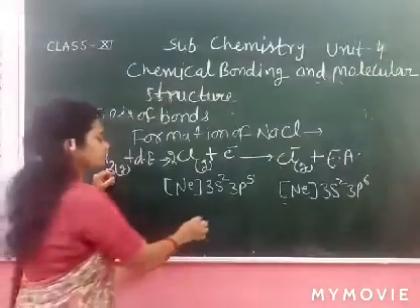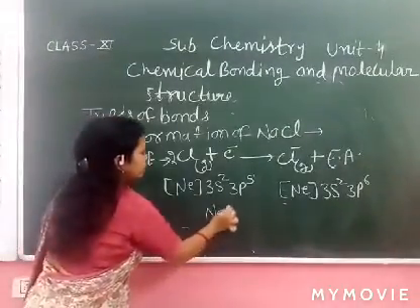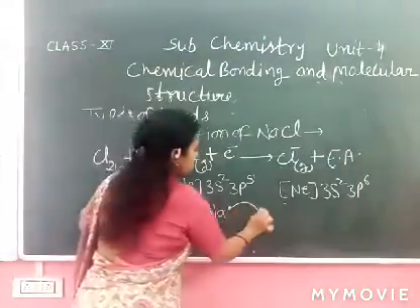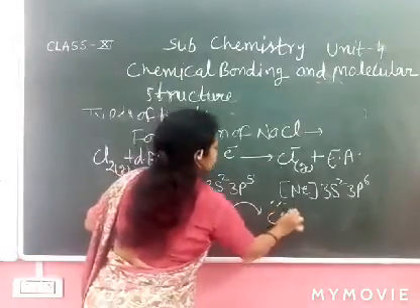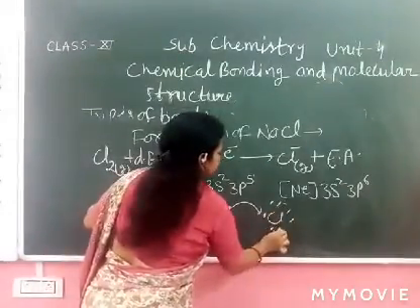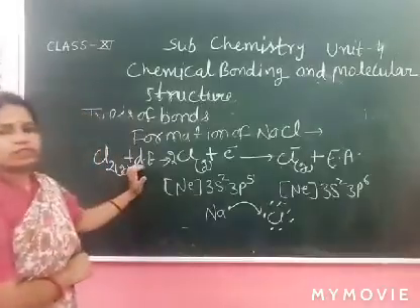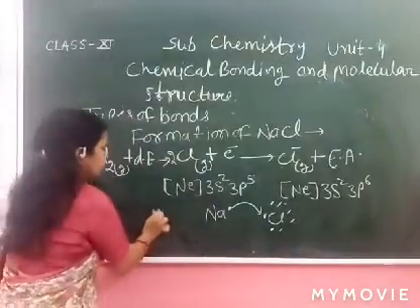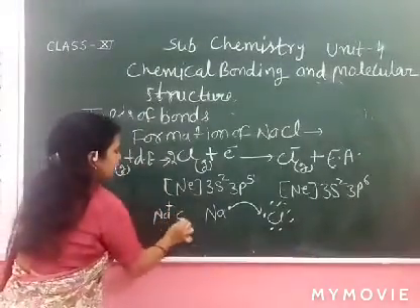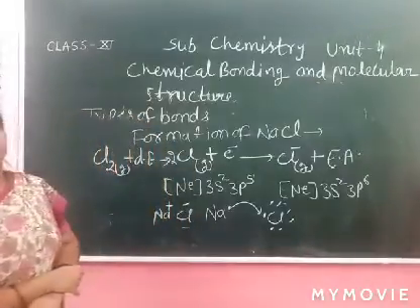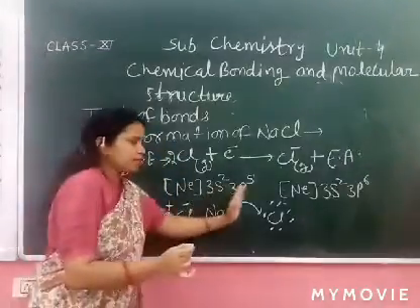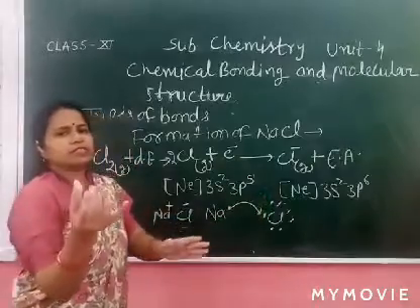Now it's clear. Na gives its electron to the chlorine atom. Chlorine has 7 electrons. So sodium becomes positive and chloride becomes negative. This is a complete transference.